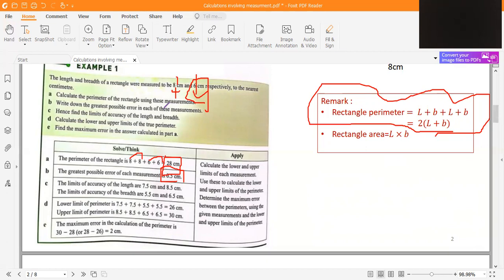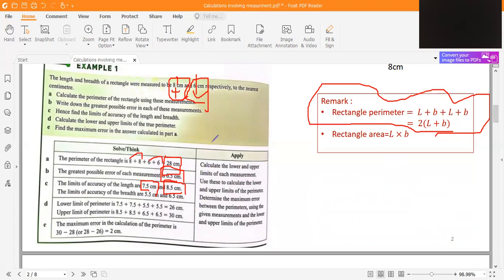So for the length, the original one is 8. To obtain the lower, we subtract the error, which is 0.5. So we obtain 7.5 as the lower limit of accuracy. For the upper limit of accuracy, we add 0.5 to the original, 8 plus 0.5 equals 8.5 centimeters.